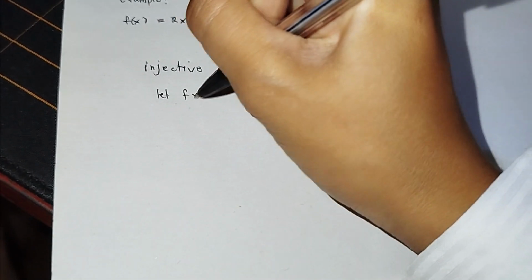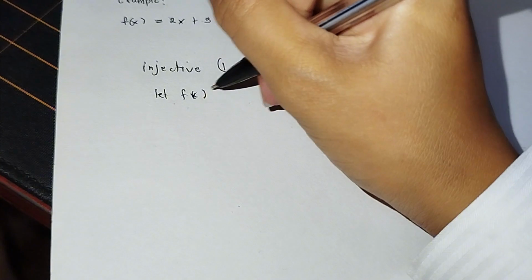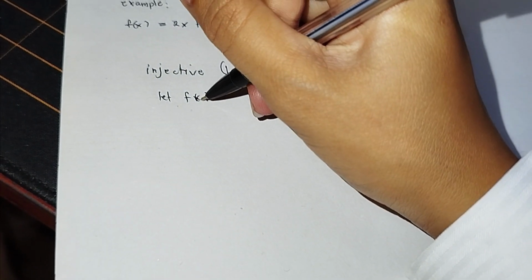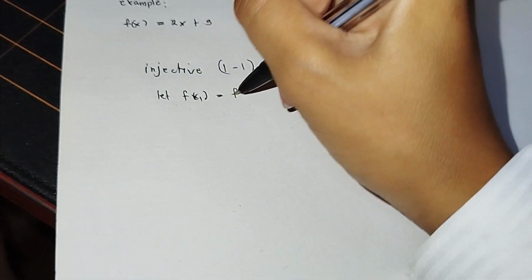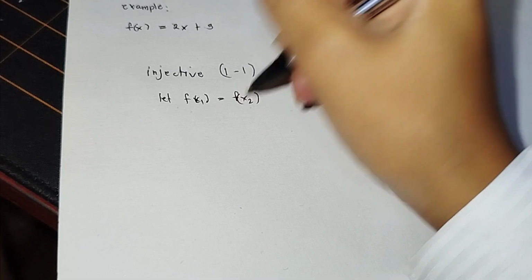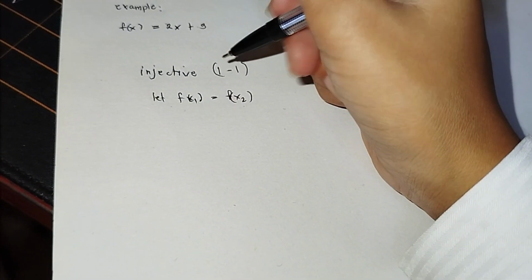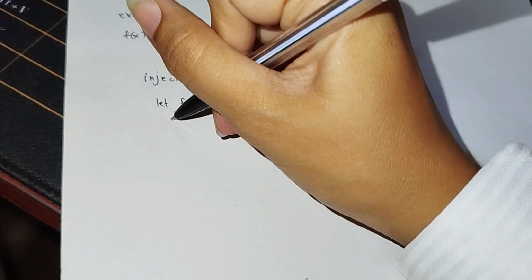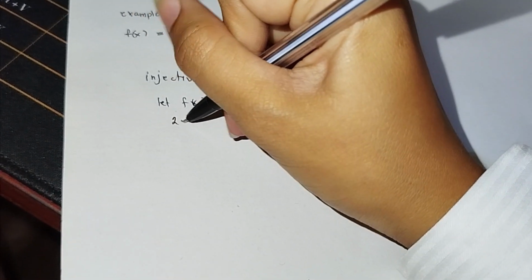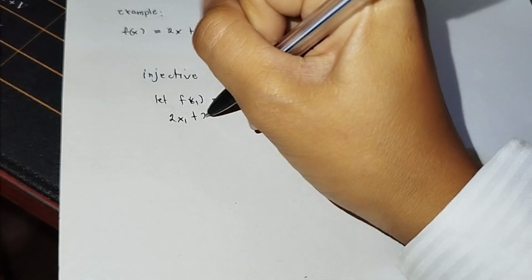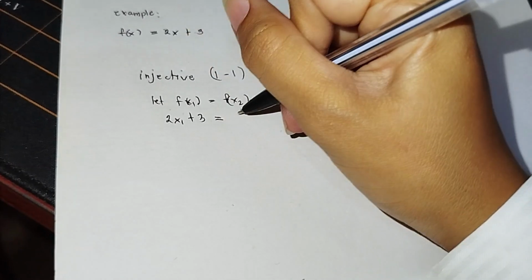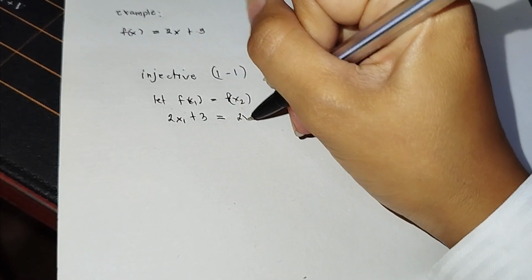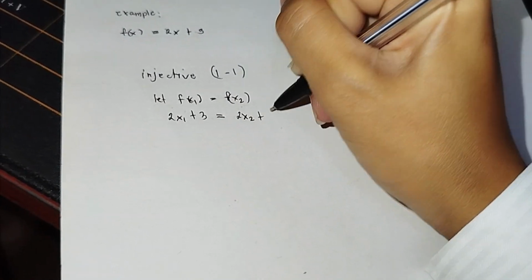So let f of x sub 1 is equal to f of x sub 2. Let's substitute our given f of x. For f of x sub 1, we have 2 x sub 1 plus 3 is equal to 2 x sub 2 plus 3.